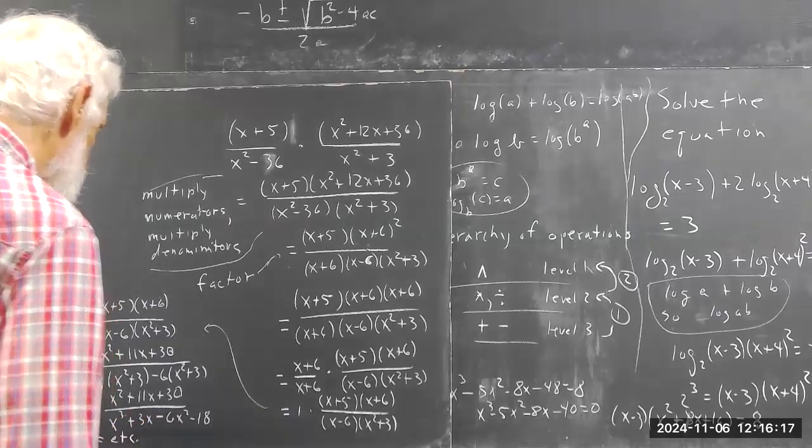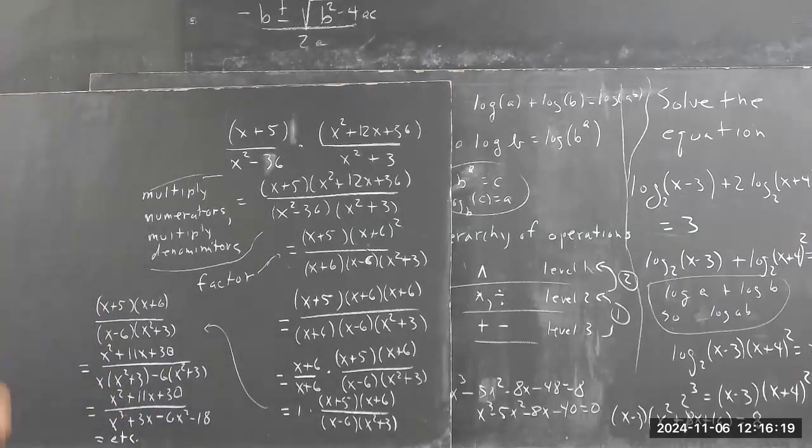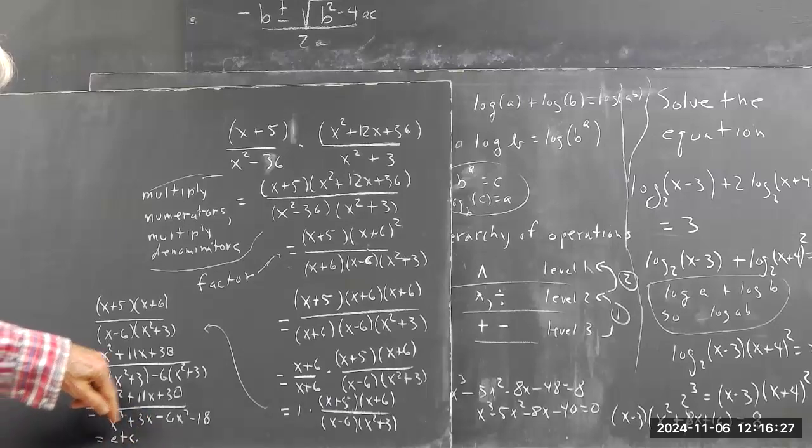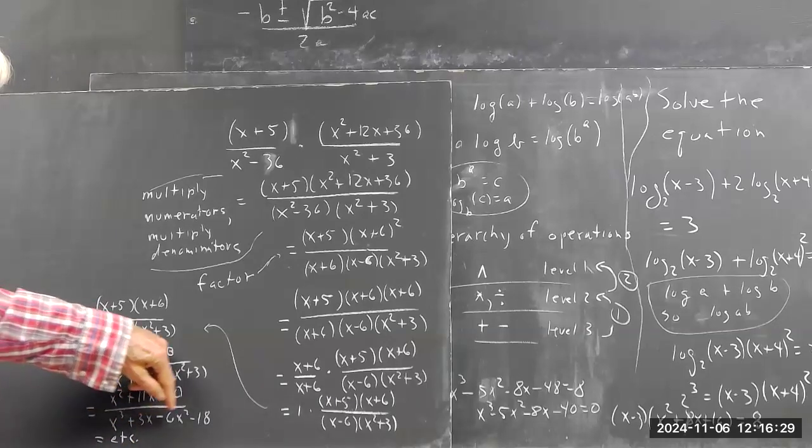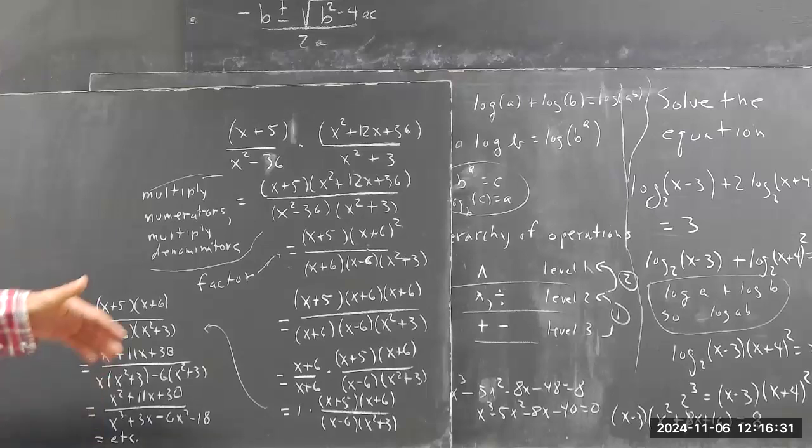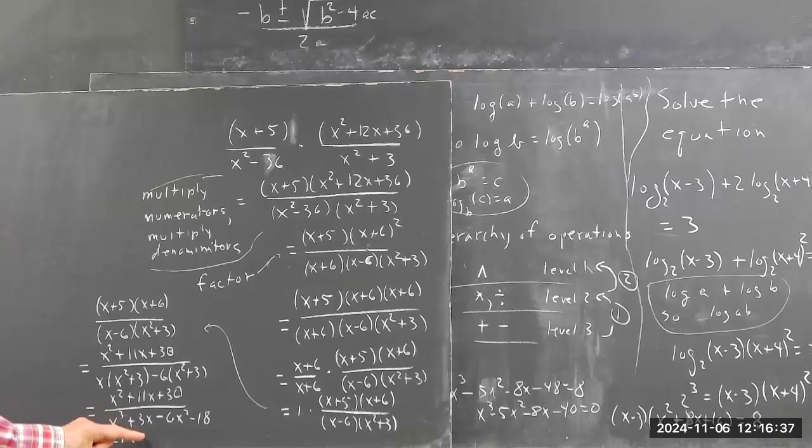I'll say equals, etc. The etc. is, wait a minute, we don't have any common terms. Okay, well, the etc. is just, I would write this as x cubed minus 6x squared plus 3x minus 18 in decreasing powers of x, because it's less confusing to look at when you try to do other things with expressions like this in a later course, okay?